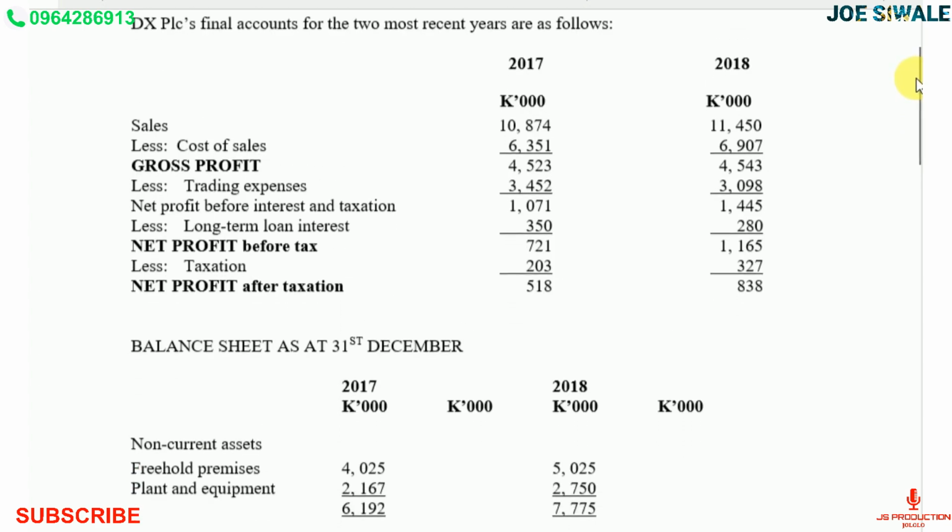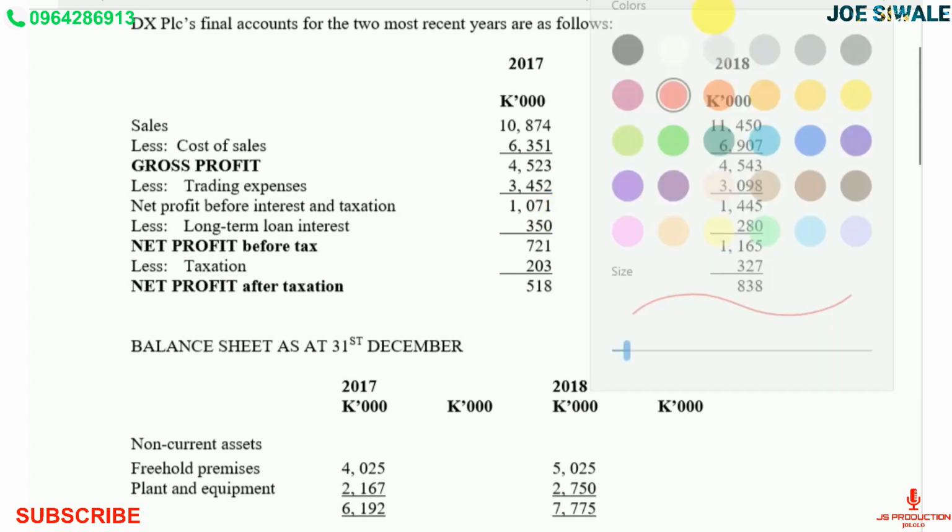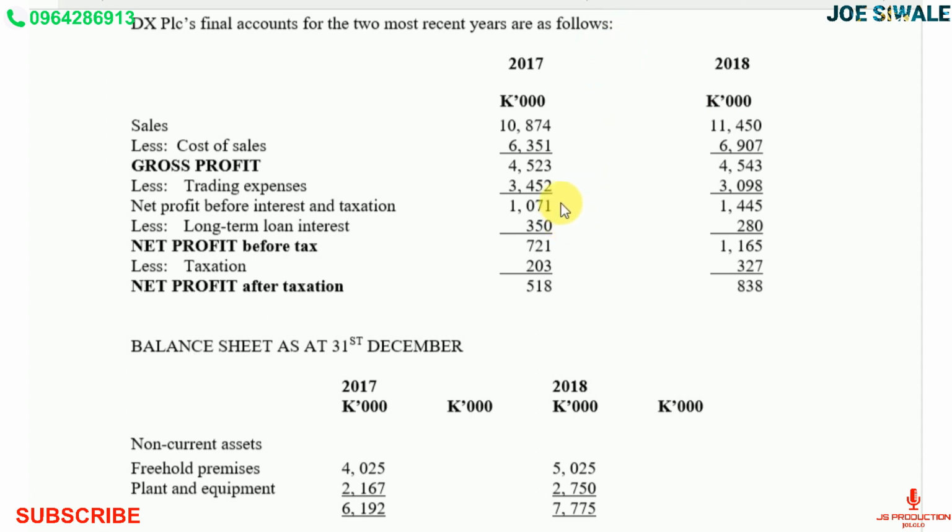For 2017, it's 1071. This is the net profit before interest and tax. So we are going to get this for 2017, and for 2018 we are going to get 1445.